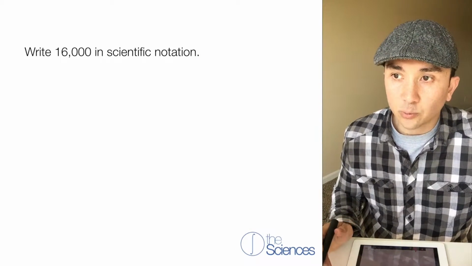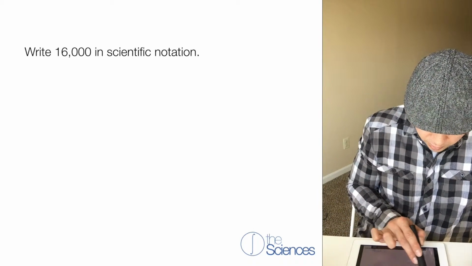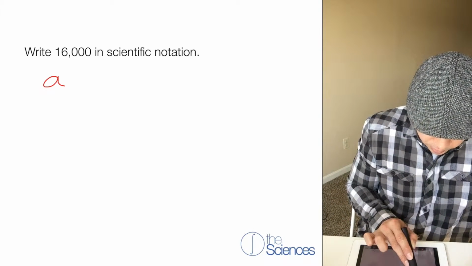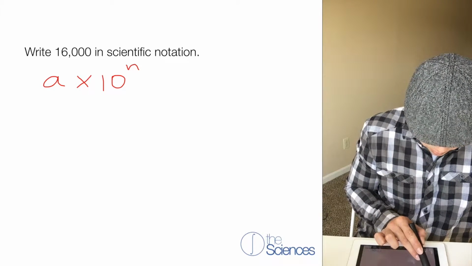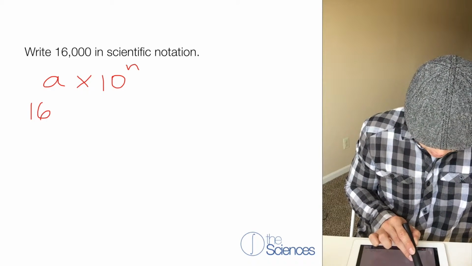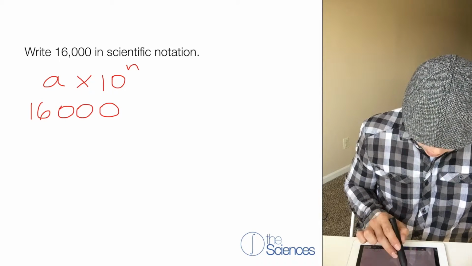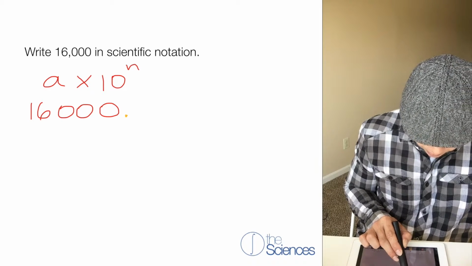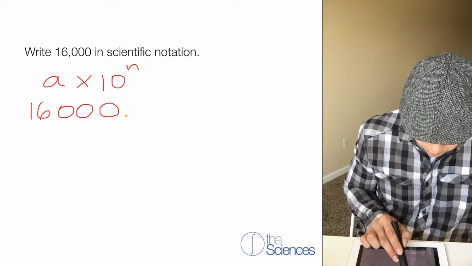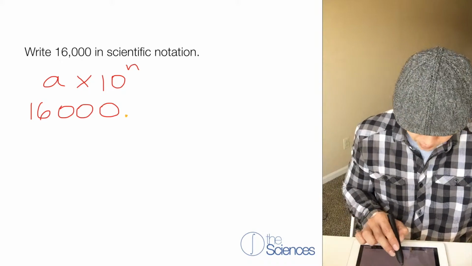So let's do an example. Let's write 16,000 in scientific notation. So we want to get it in the format of a times 10 to the n. So here we have 16,000. All we're going to do is start at the end of the 16,000 and work our way so that we get a number that is between 1 and 10.